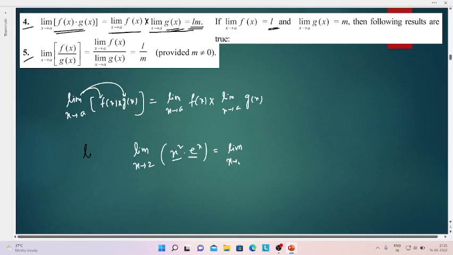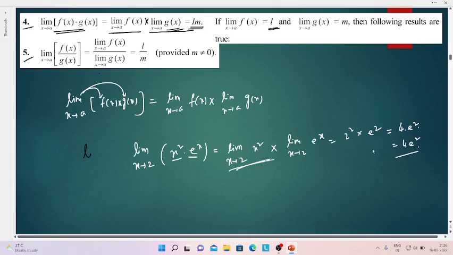So that will become the limit as x tends to 2 of x squared times the limit as x tends to 2 of e to the power x. That part will become 2 squared, and that part will become e to the power 2. We're just substituting the value. So that will become 2 squared, which is 4, times e to the power 2. I mean 4e squared, right? So that is what the result says.